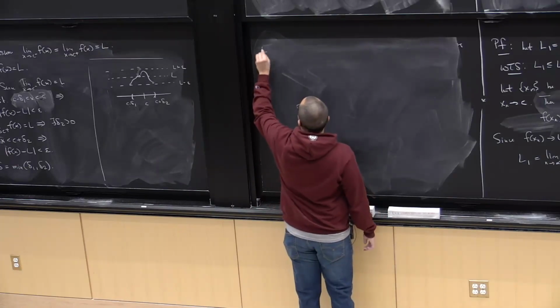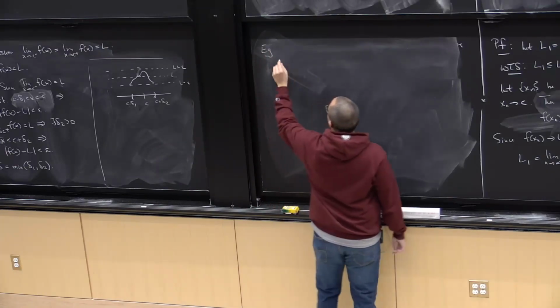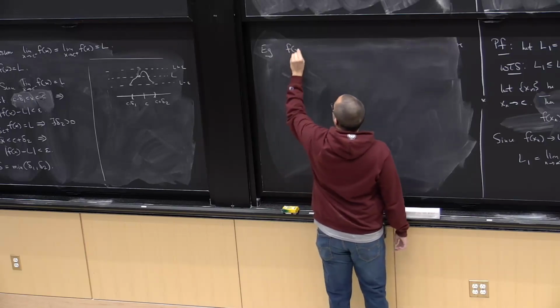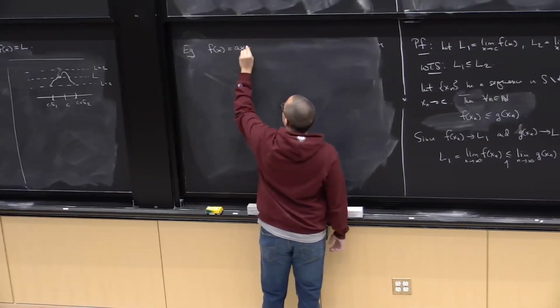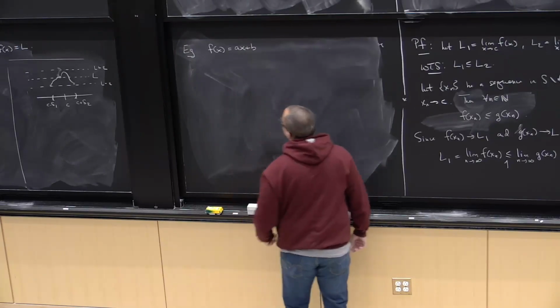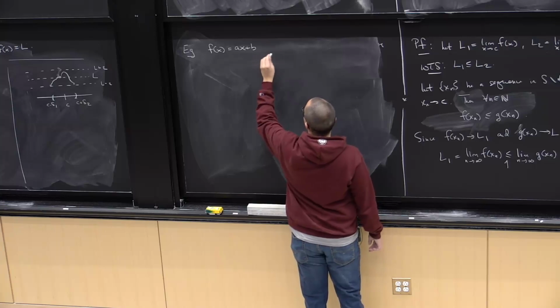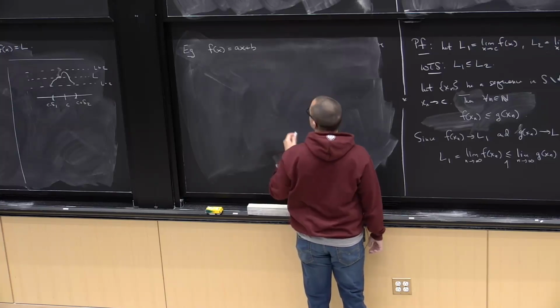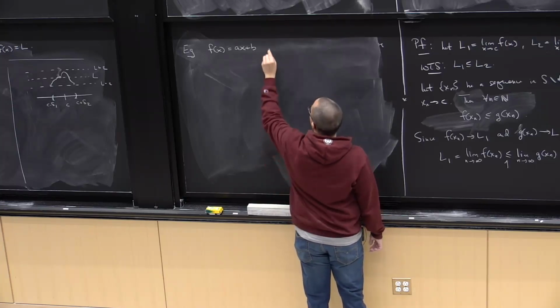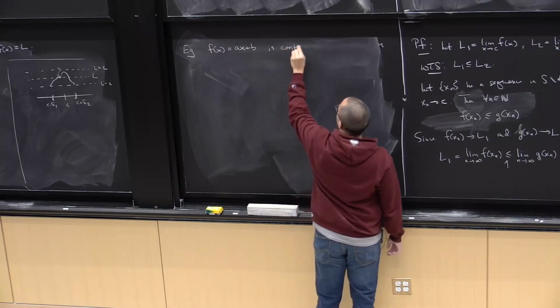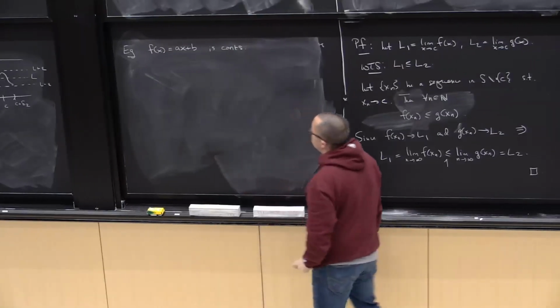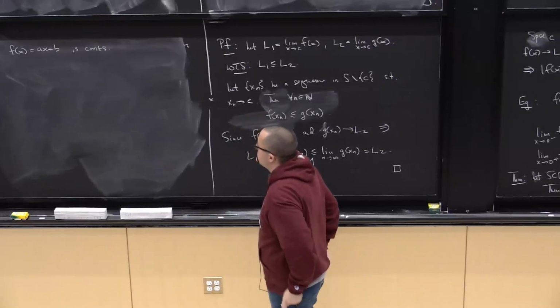So the affine function f(x) = ax + b, so S is R, so x is a real number, is a continuous function, meaning it's continuous at every real number c.